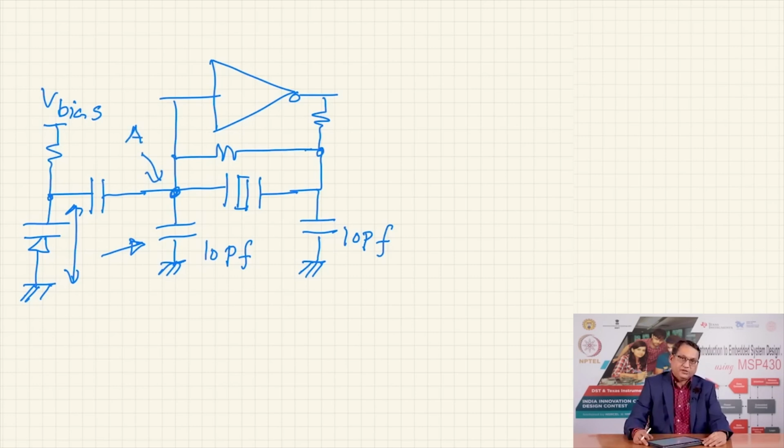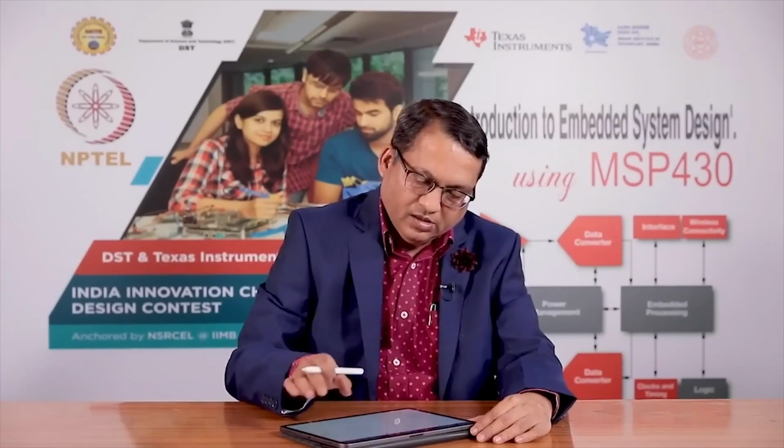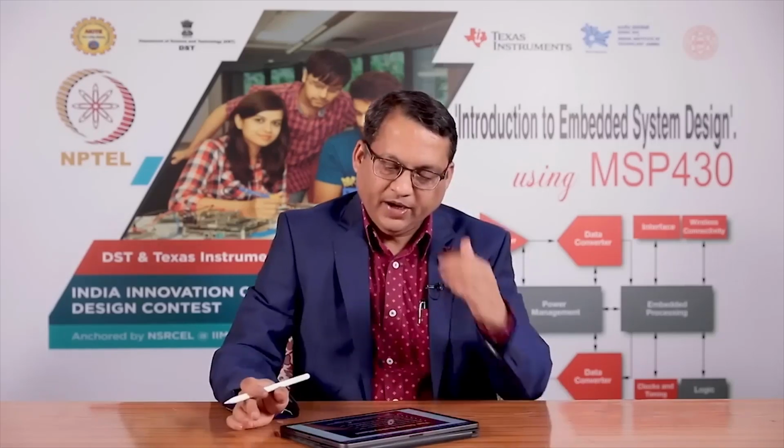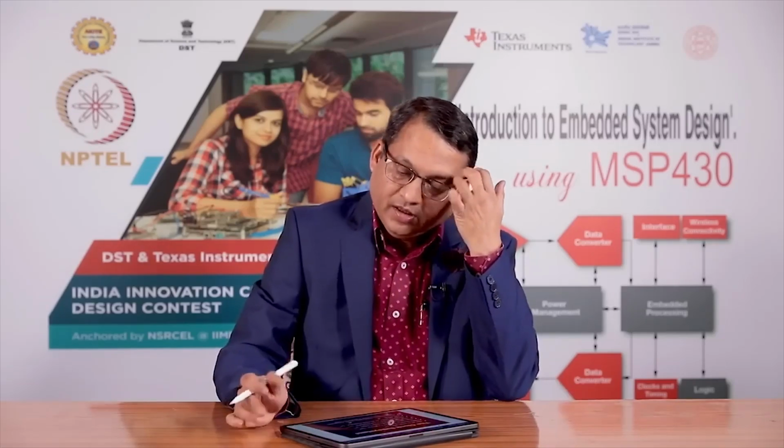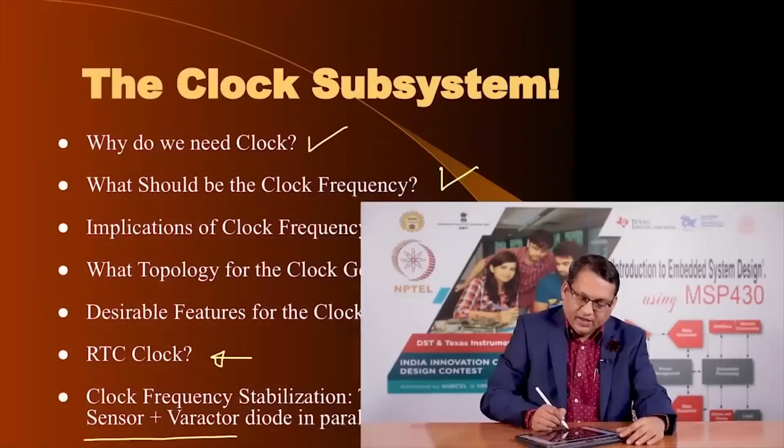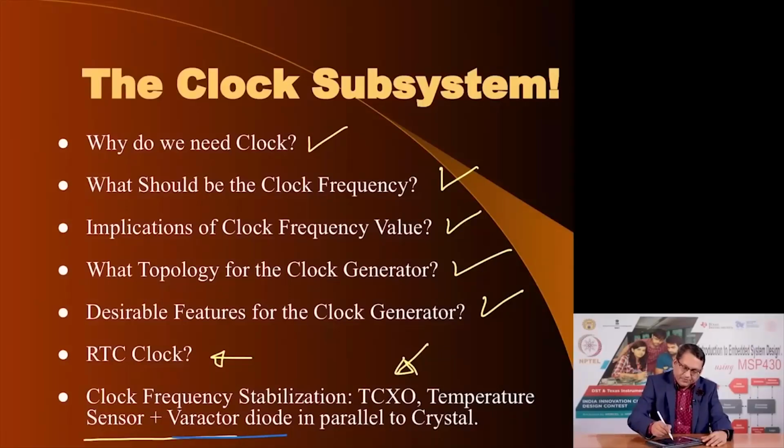which would tweak the frequency of operation. And so in many circuits where they want to offer better temperature stabilization, they use a temperature sensor to monitor the temperature, and to compensate for any variation in temperature, they change the bias voltage on this varactor diode which has been placed in parallel to one of the capacitors of the crystal, so as to maintain a fixed clock frequency.